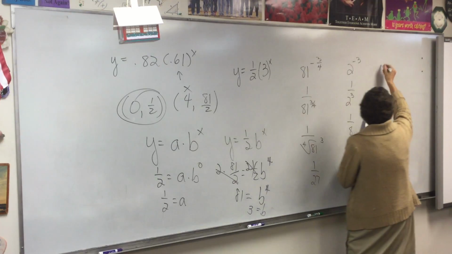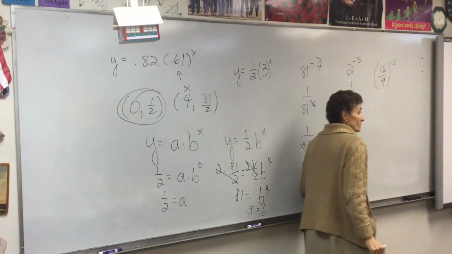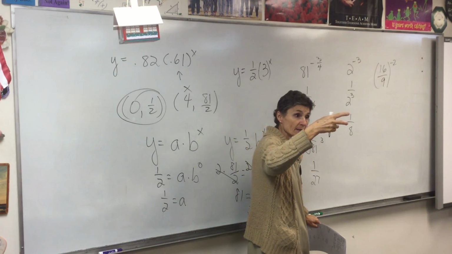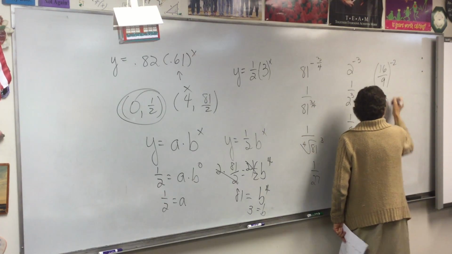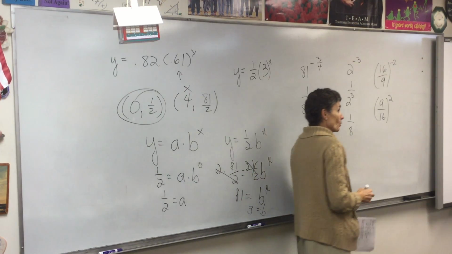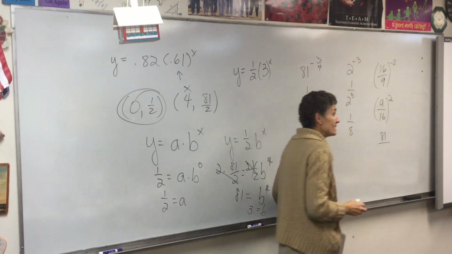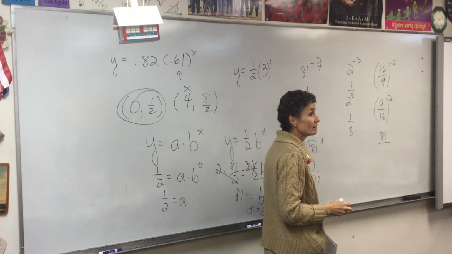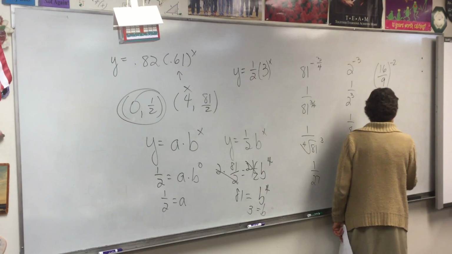All right, how about the next one? Ooh, actually it's kind of easy. 2 to the negative third, what does that mean? 1 over 2 to the third, so the answer is 1/8. Just plug them. The negative will take that fraction and flip it. So we have 9/16 squared. 9 squared is 81. 16 squared, anybody happen to know what that one is? 256.